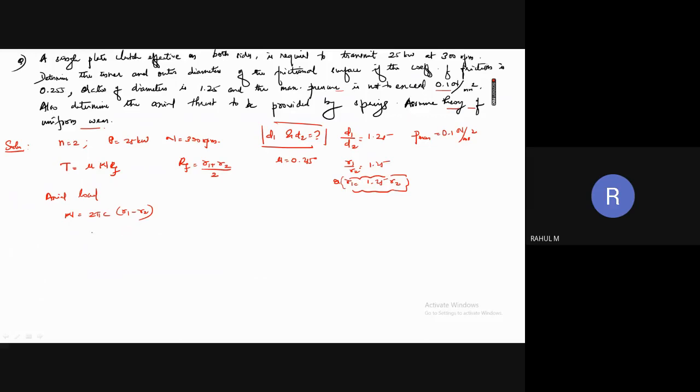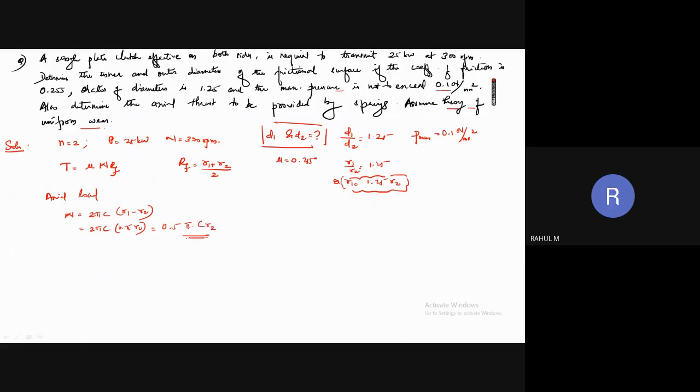C value is unknown, axial load value is unknown, but the relationship is R1 is 1.25 R2. So if you substitute this, 2 pi C into 1.25 R2 minus R2 gives 0.25 R2, which is 0.5 pi C R2.